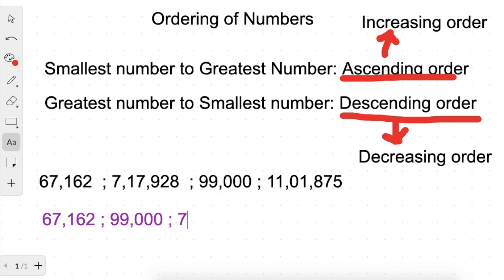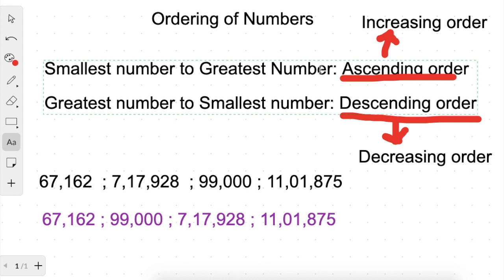So I'll write down 7,17,928, and the last number we have left, which is the greatest number among all of these, is 11,01,875. So these are all the numbers arranged in ascending order, which is smallest to greatest.